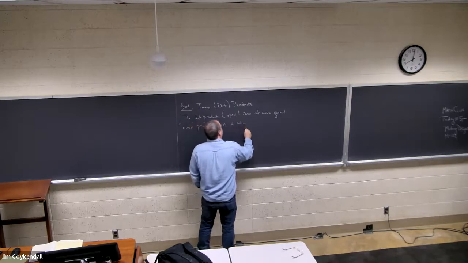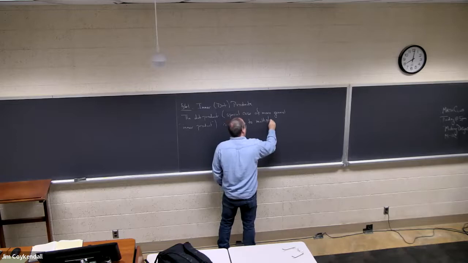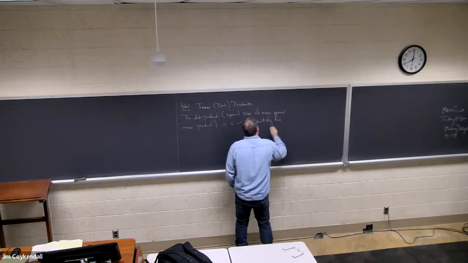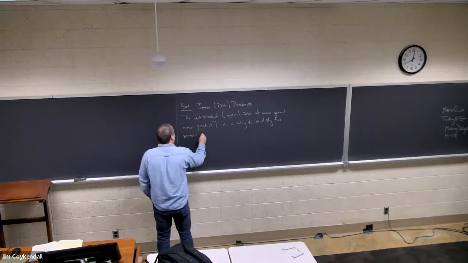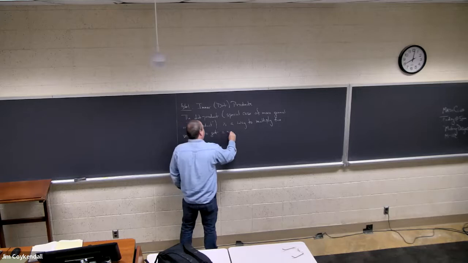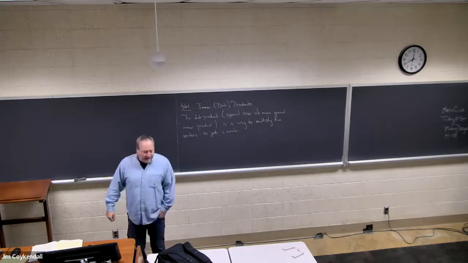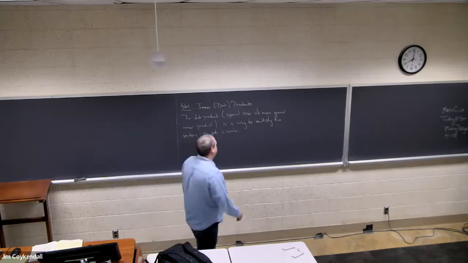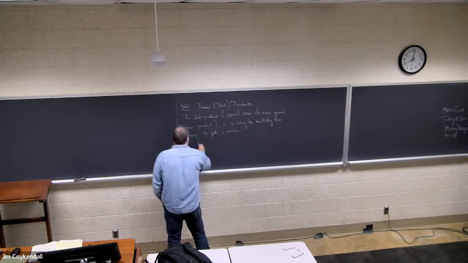The dot product is a way to multiply vectors together. Now, let me just get right to it and tell you what it is. Definition.